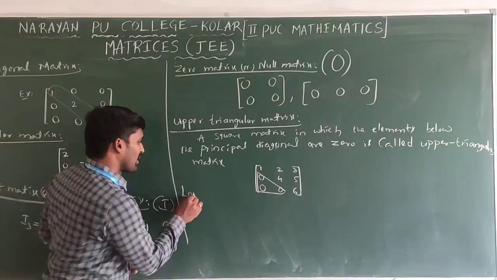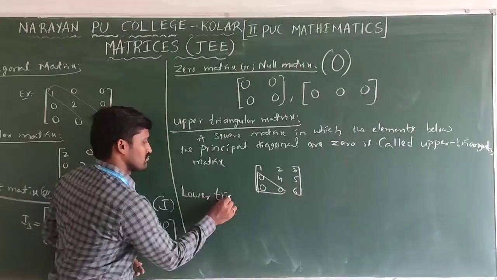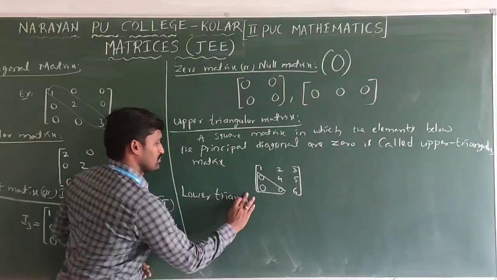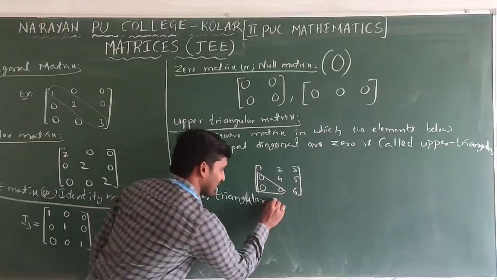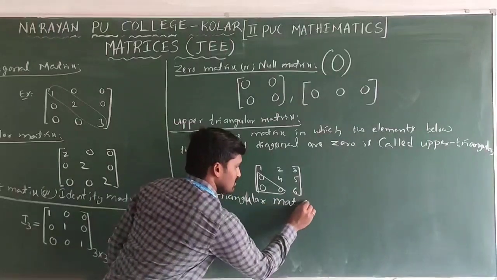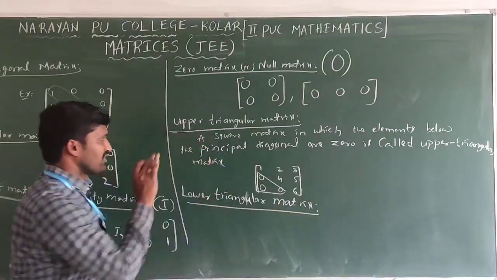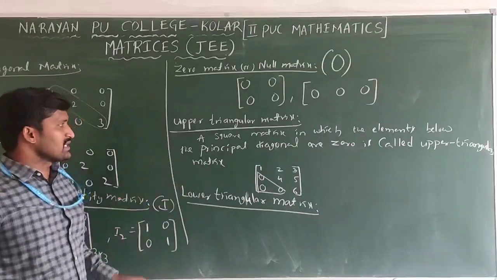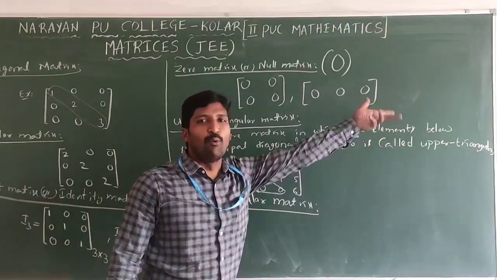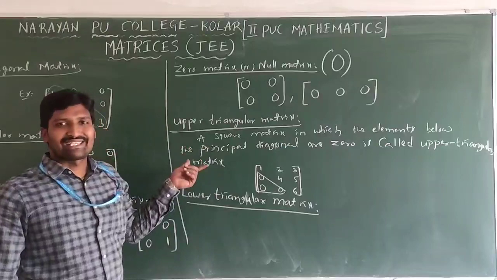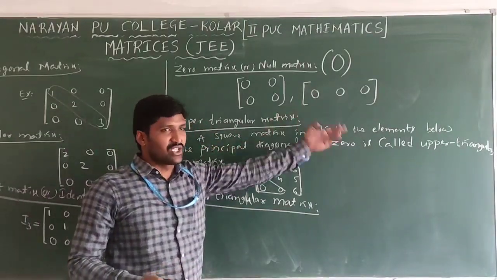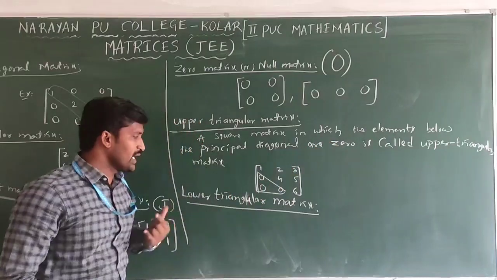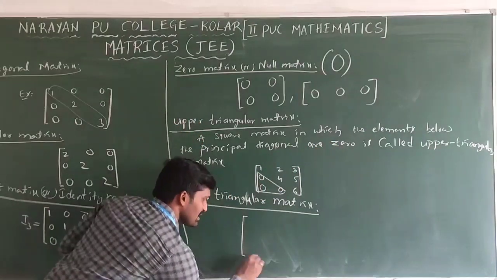Similarly, lower triangular matrix. Same definition, but with a small change here. In the place of below, we have to put above. A square matrix in which the elements above the principal diagonal are 0 is called a lower triangular matrix.